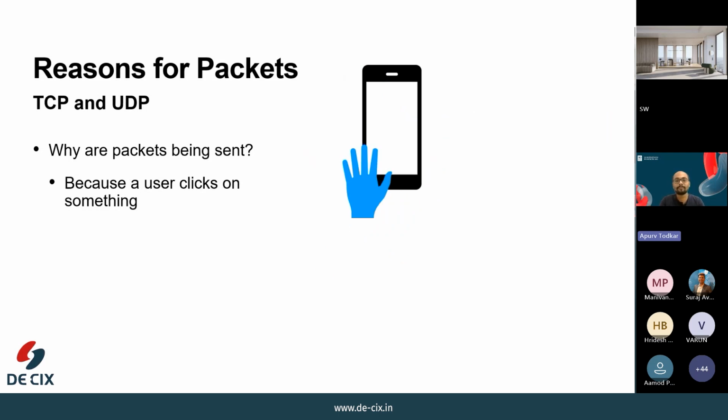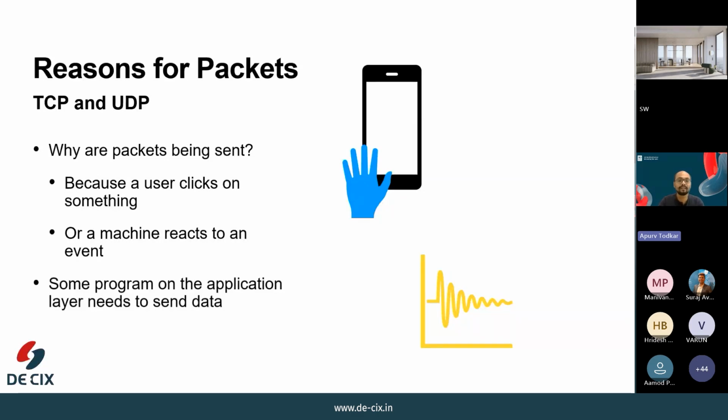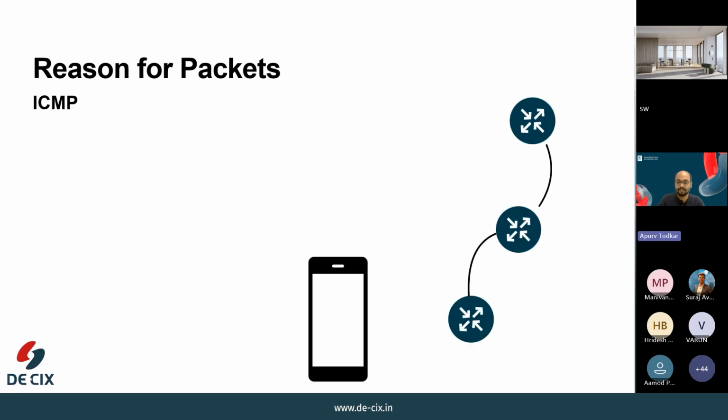For example, you tap on something on your phone, which triggers a request and sends out a packet to fetch some information. Or it could be a machine responding to an event like a door opening or an alarm being triggered, causing a message to be sent. In general, packets are sent because some software or application at the top layer needs to transmit data. Here, ICMP packets are a bit different.